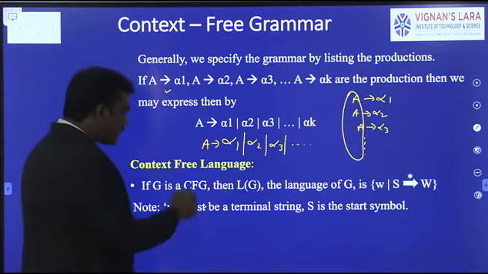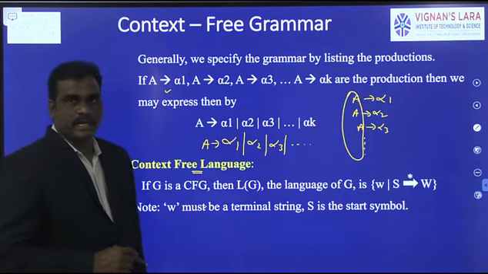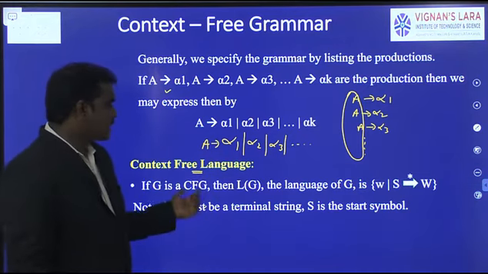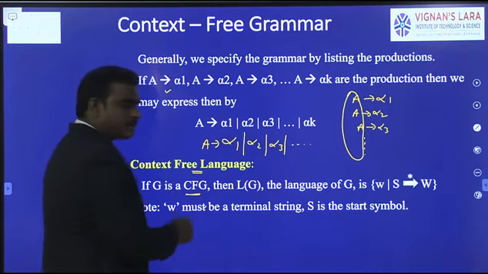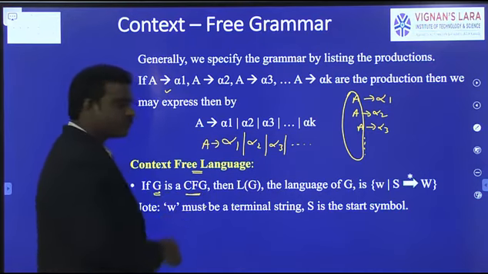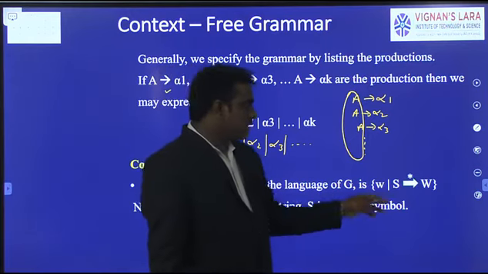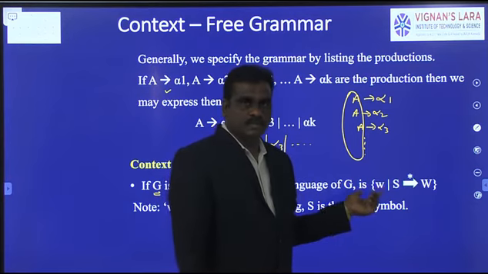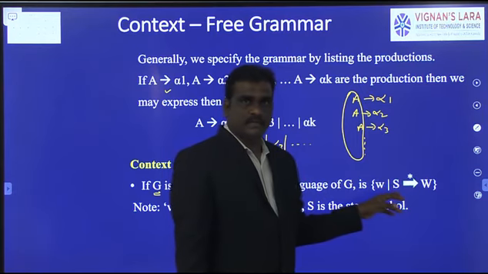The next one is the context-free language. What is meant by a context-free language? Suppose we have a grammar G, and we have some string W. Any derivation starts with the starting symbol of the grammar.